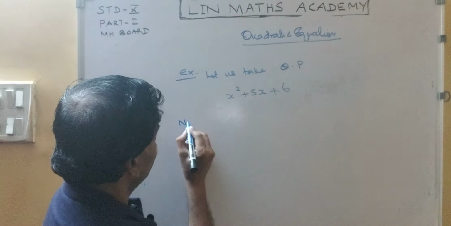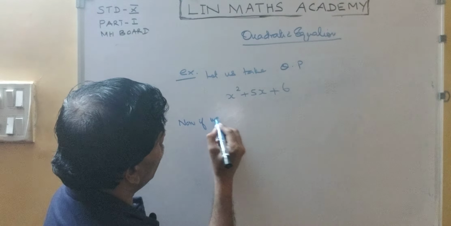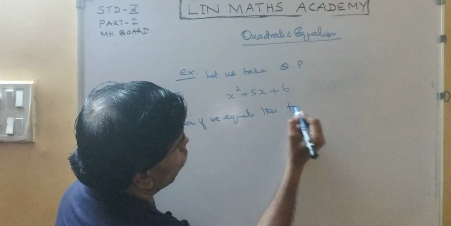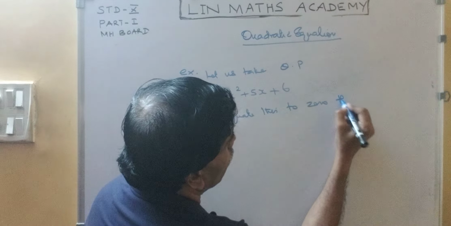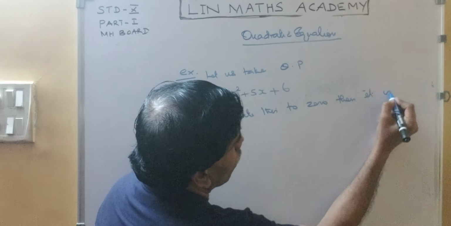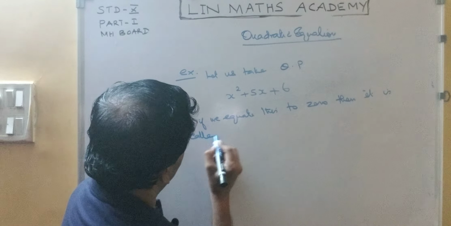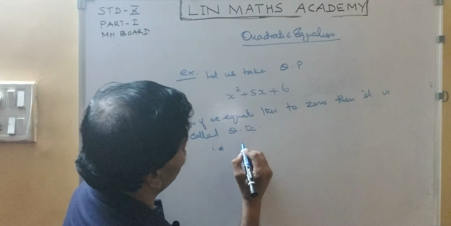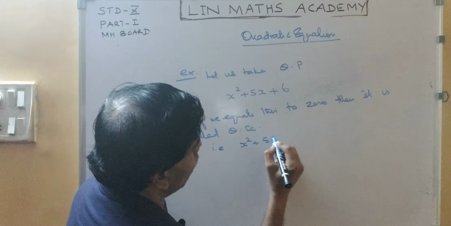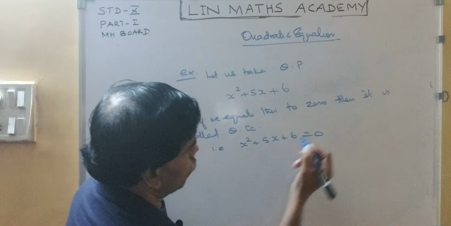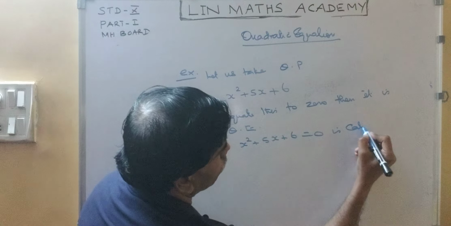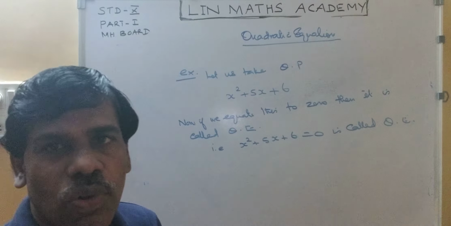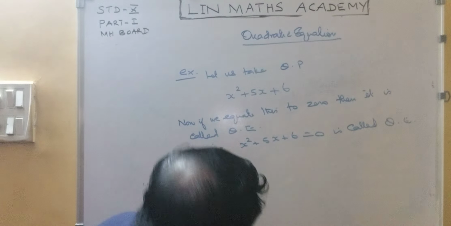If we equate this to 0, then it is called a quadratic equation. That is, x square plus 5x plus 6 equal to 0 is called a quadratic equation.